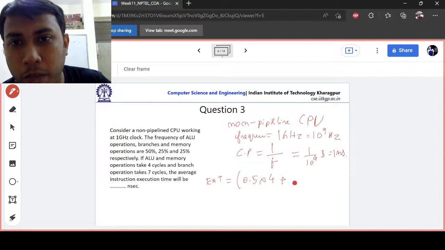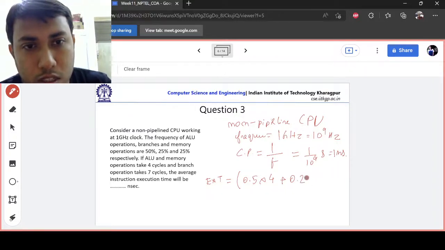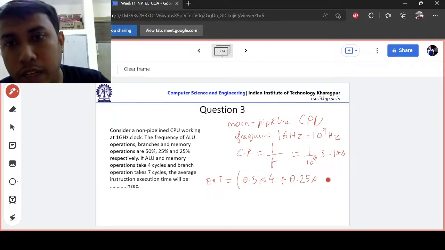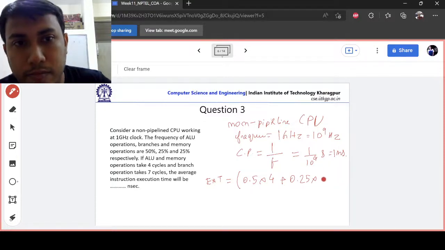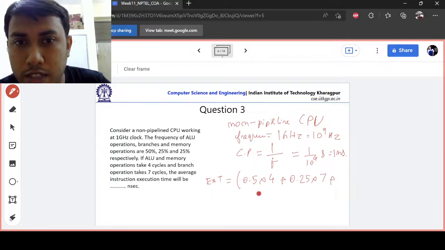Then how many branch instructions are there? 0.25. How many cycles does it take? Branch takes 7. Then how many are the memory instructions? 0.25.